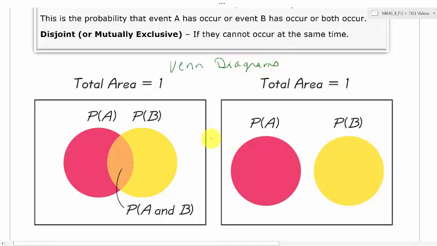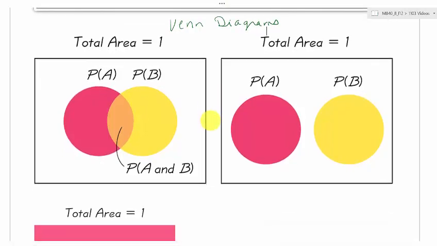So these are called Venn diagrams, and the box or the rectangle is representing everything, and then the circles are representing events A and B. So the pink circle is representing event A, the yellow circle is representing event B. When we're talking about the probability of A or B, that's the same as the probability of A union B. So that's the joining of the two sets together.